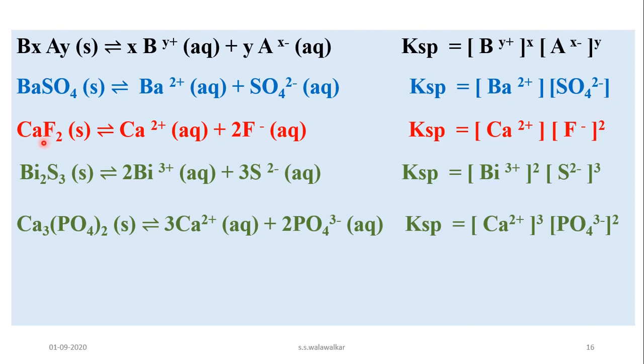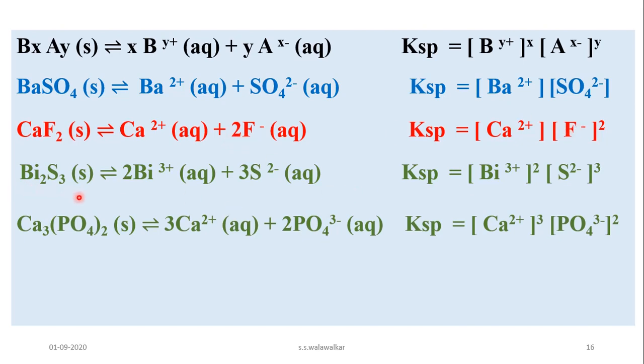Like that, calcium fluoride is a BA2 type of salt, and when it dissociates it gives calcium ions plus 2 moles of fluoride ion, and Ksp is equal to the molar concentration of calcium ion into the molar concentration of fluoride ion raised to 2, where 2 is the stoichiometric coefficient in the balanced chemical equation. So the power is raised to 2.